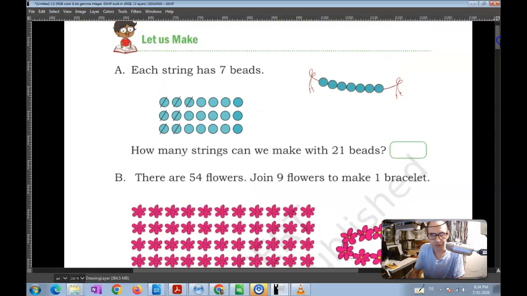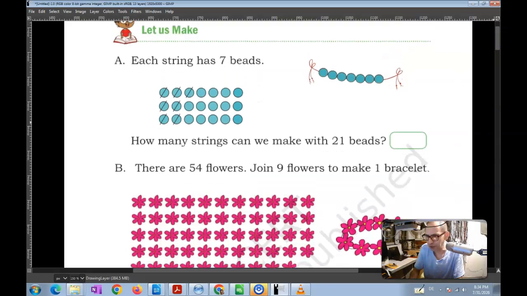Now here again we have the exact same situation as the previous one. We want to make these strings, and each string is going to get 1, 2, 3, 4, 5, 6, and 7 beads, right?